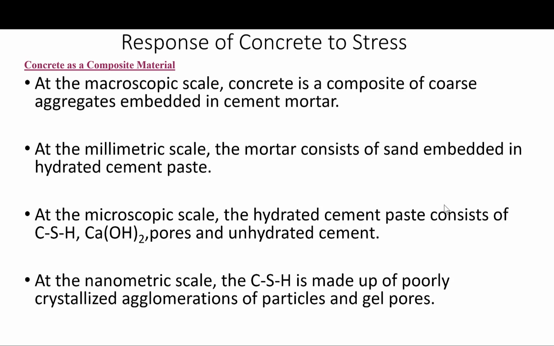On an even finer scale, the microscopic scale, the hydrated cement paste consists of the amorphous calcium silicate hydrate we talked about before, and the crystalline components like the calcium hydroxide, containing an extensive network of capillary pores that may be dry or filled with water, plus grains of unhydrated cement and grains of submicroscopic calcium sulfoaluminate hydrate crystals, as you recall.